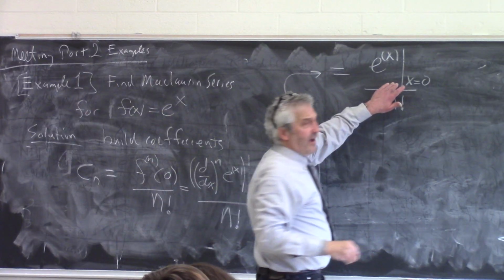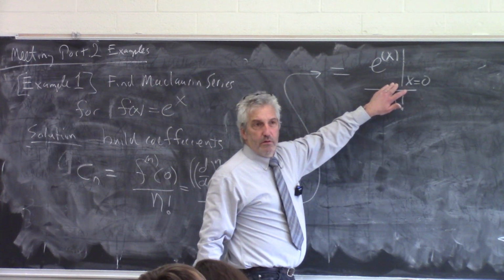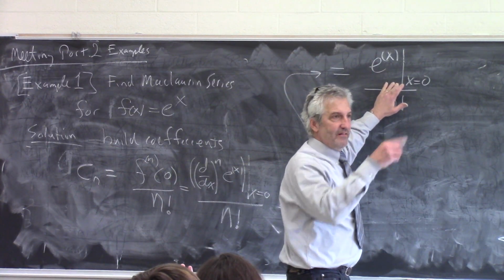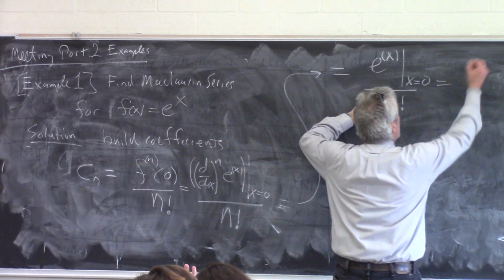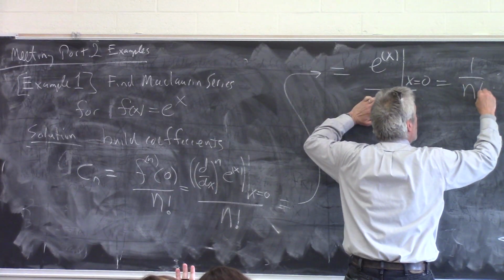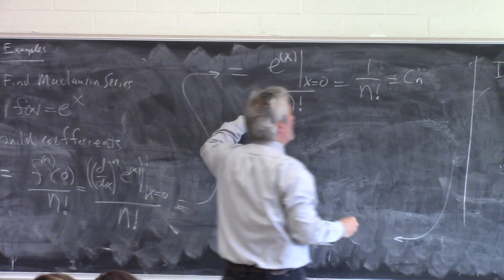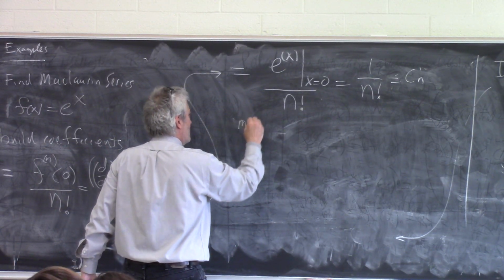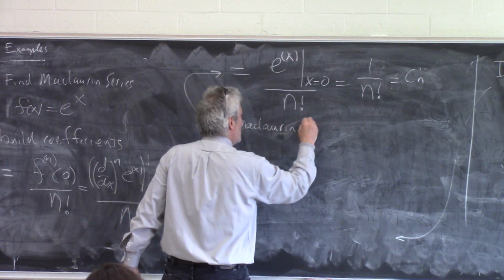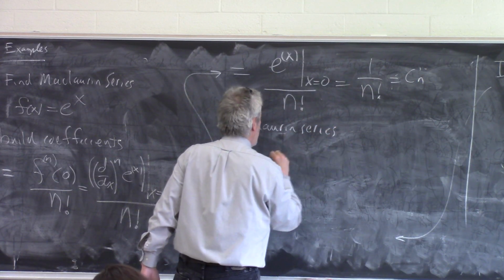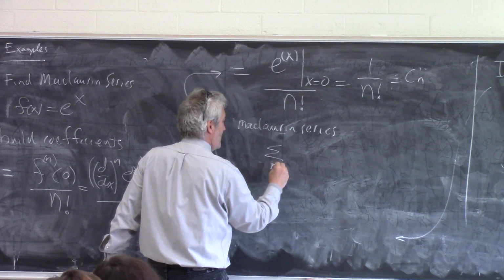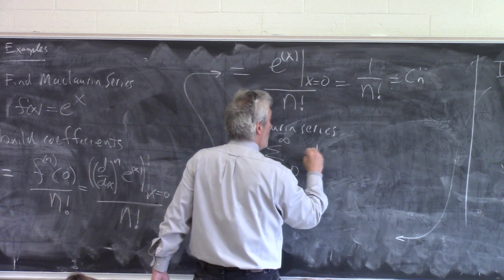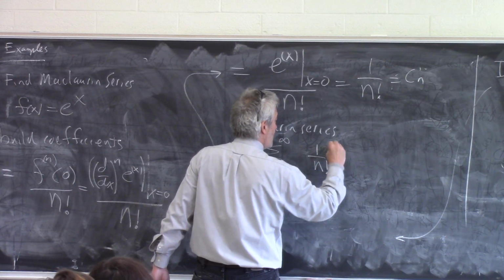So what is e to the x evaluated at x equals 0? Cassie? 1. So I get 1 over n factorial. So that's my c_n. So that means that the Maclaurin series is the sum as n goes from 0 to infinity of 1 over n factorial times x to the n.